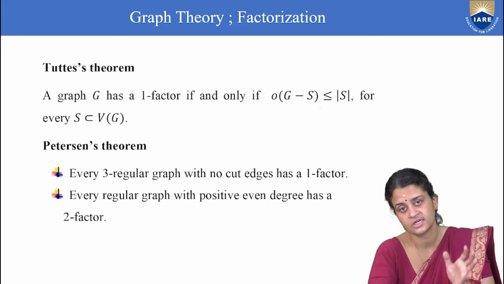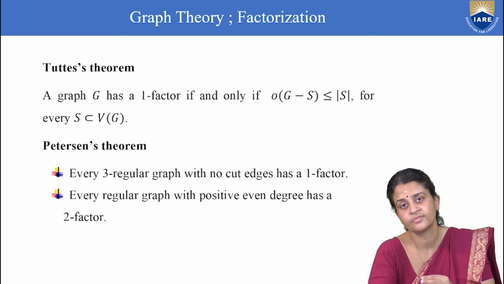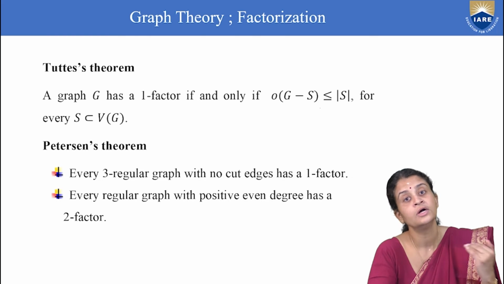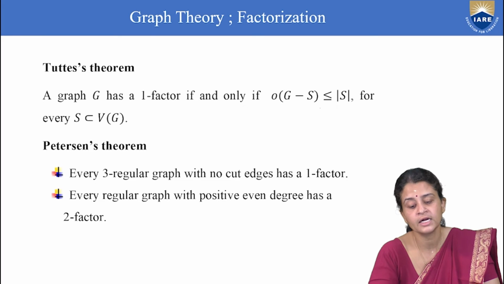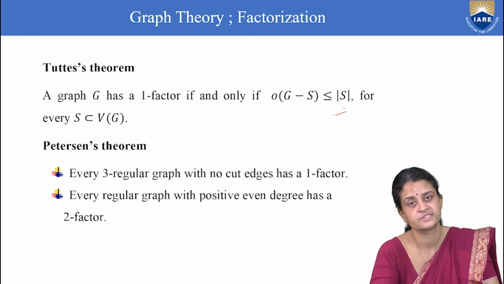So if we remove a certain set of vertices, say 3 or 4, then the number of odd components resulting from G minus S is less than or equal to the cardinality of the taken set S.